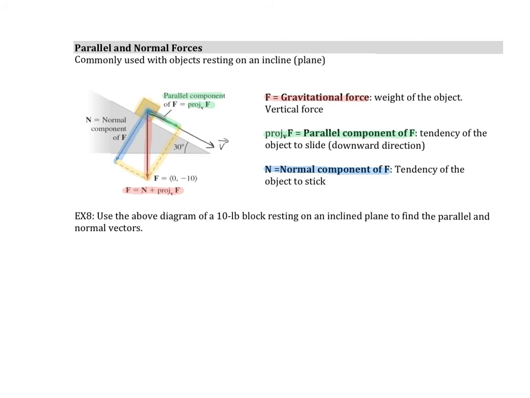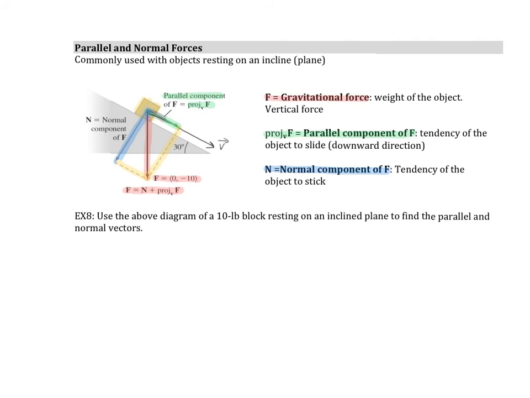We're going to use this diagram, and we're going to look at a 10-pound block that's resting on an inclined plane. So that's why the force vector here is 0, -10. And we want to find the parallel and the normal vectors.